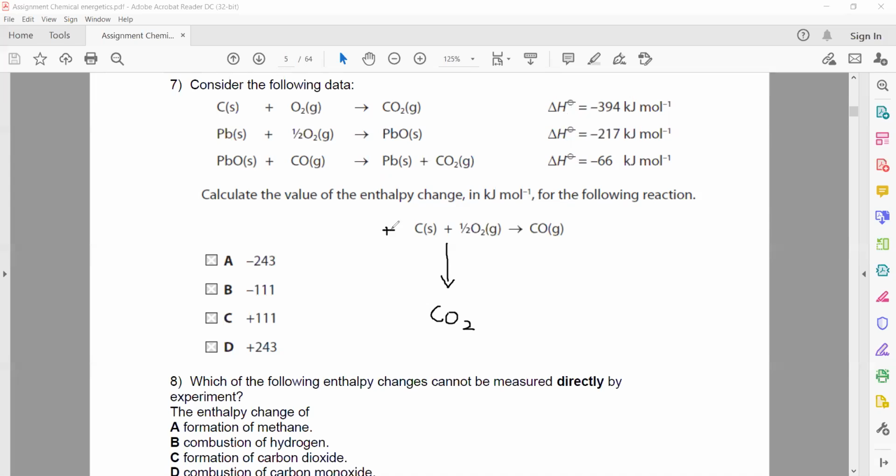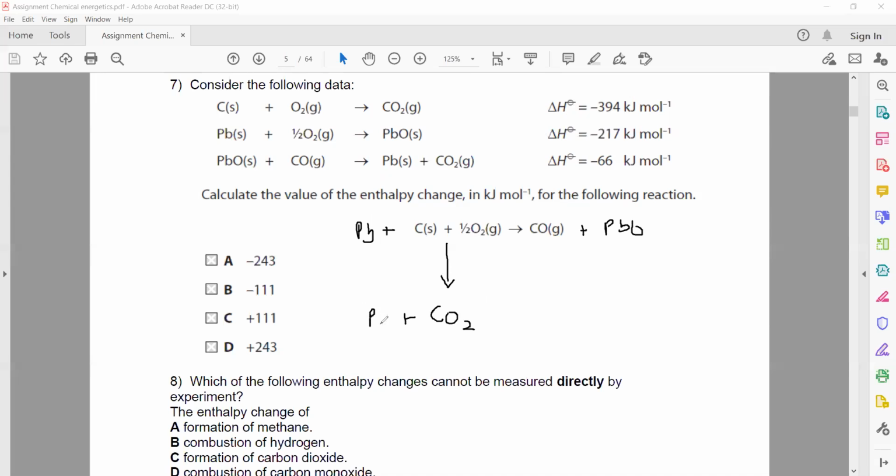And there's a lead element, so we have a lead oxide, because carbon reacts with oxygen to give carbon dioxide, lead reacts with oxygen to give lead oxide. But the lead oxide should form on the other side. The reason for that is we have this equation, lead oxide plus carbon monoxide, so we have lead oxide on this side.